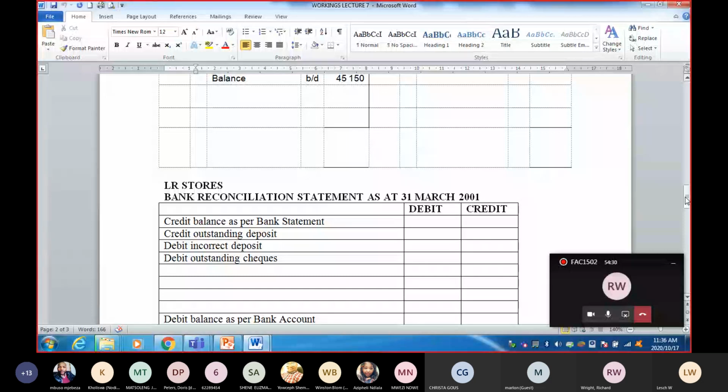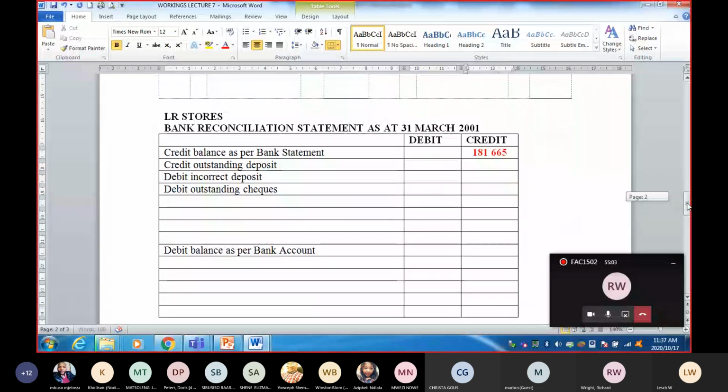Remember, in step number 2, we said that you take the balance on your bank statement on the last day of the month and record it into your bank reconciliation statement. We had a credit balance as per bank statement, and the amount is 181,665 Rand.